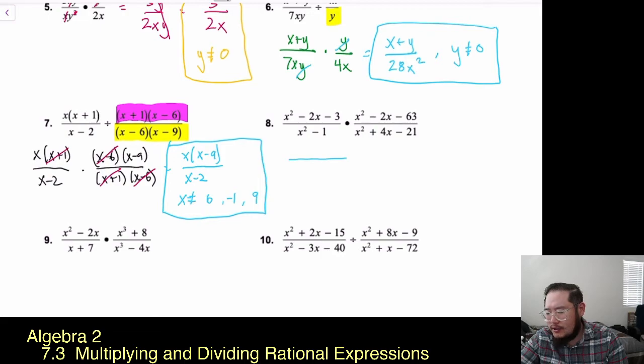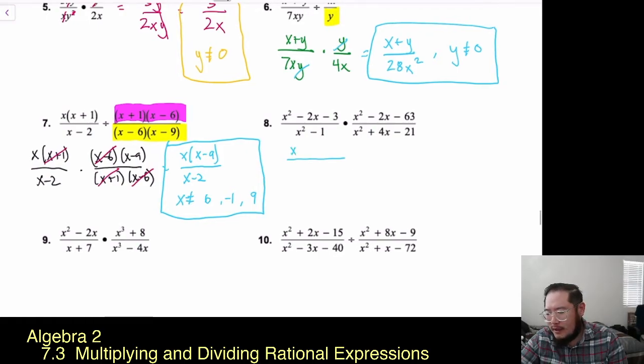x squared minus 2x minus 3, factorable. x minus 3, x plus 1. x squared minus 1, one of our special factors.